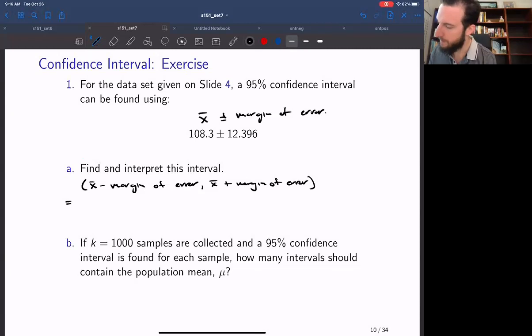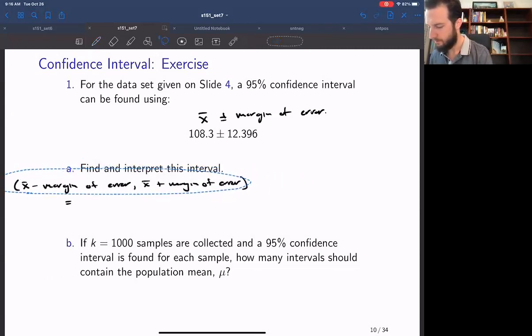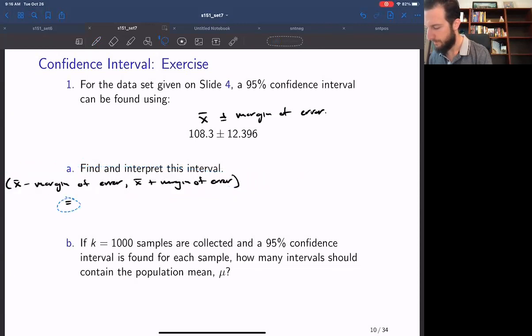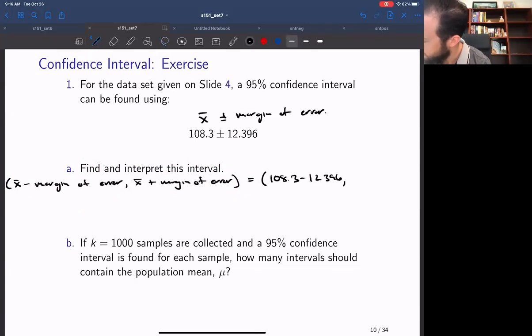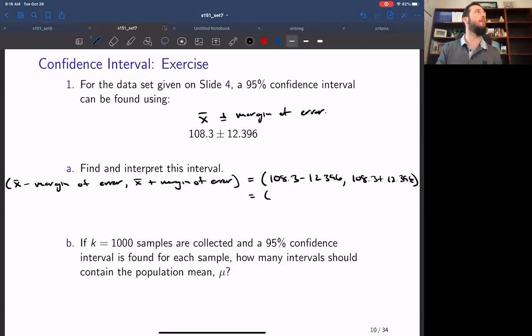So that's going to be 108.3 minus 12.396 to 108.3 plus 12.396, which is going to be a number.